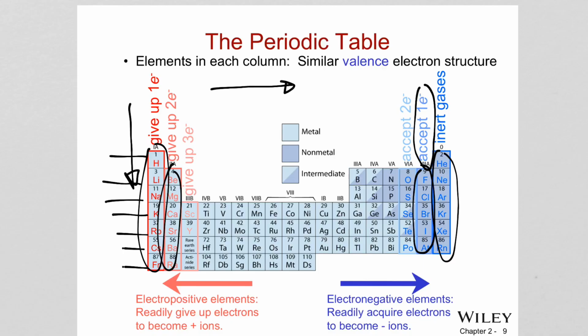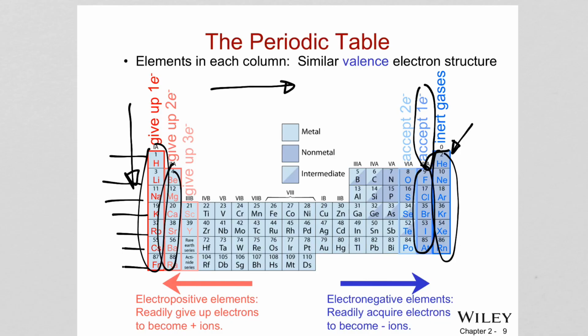Right next to it are the unreactive noble gases here. And these are used in applications to prevent chemical reactions, such as argon, for example, used in light bulbs to prevent the tungsten filament from oxidizing. In between, of course, there are transition metals.